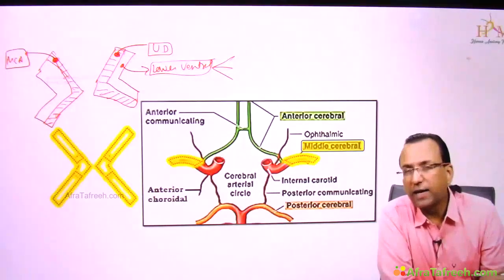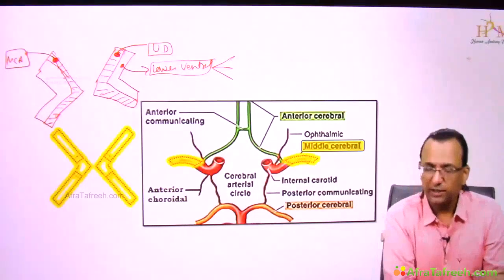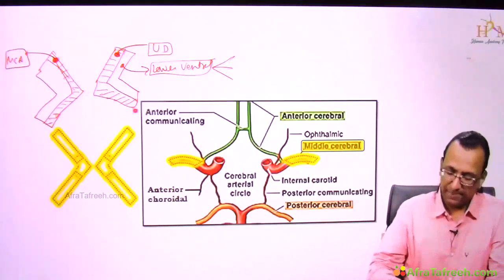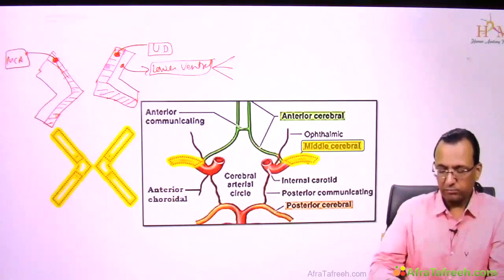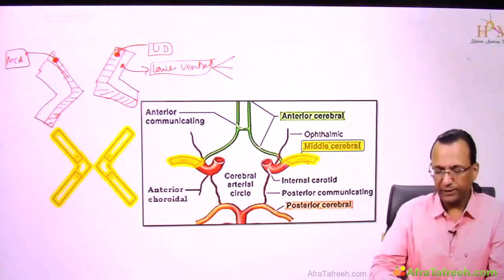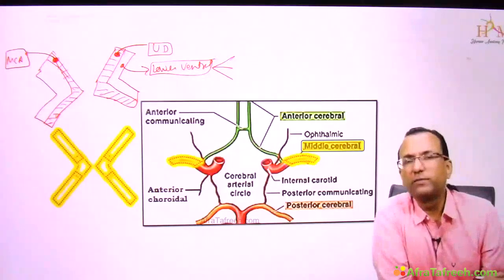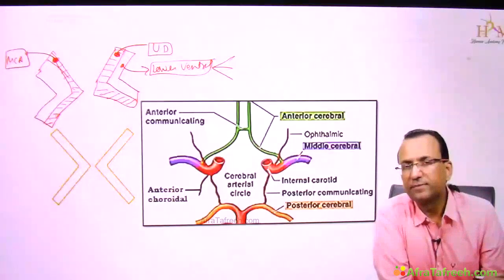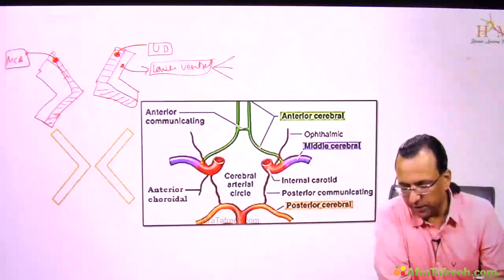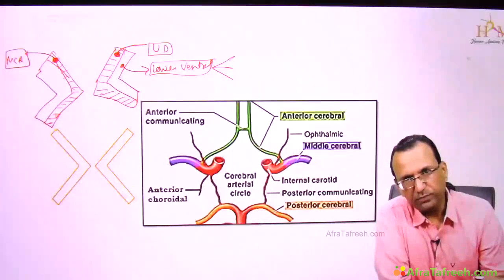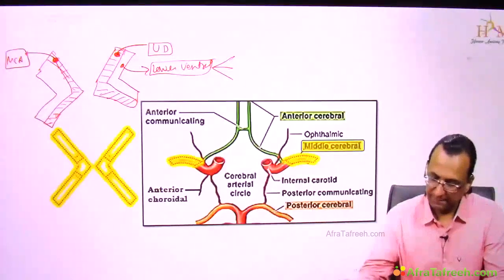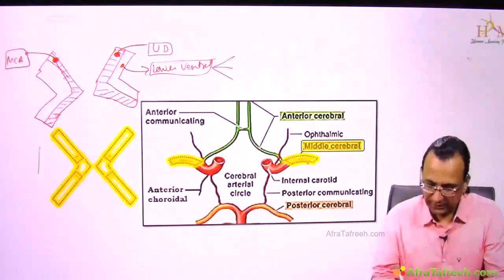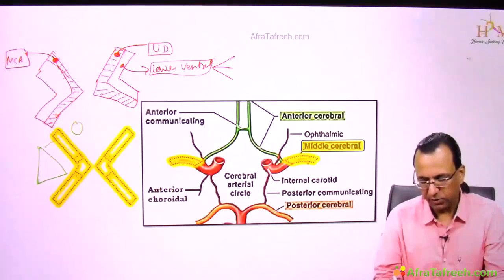Let us draw a diagram and then understand that. But understand that the upper dorsal part, which may include the anterior limb, the posterior limb and the genu, is supplied by the middle cerebral artery. Which branch? The branch supplying the lentiform nucleus and the striate nucleus.